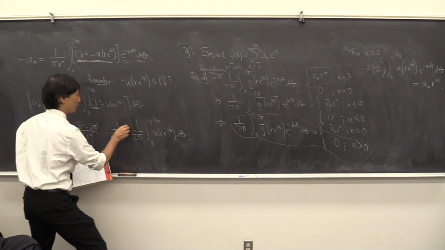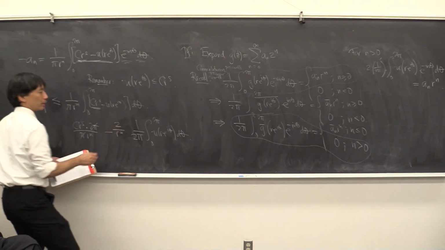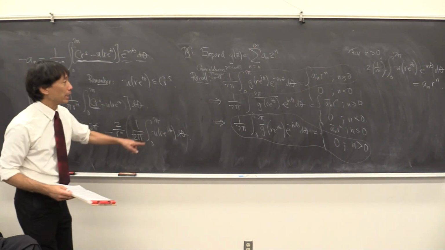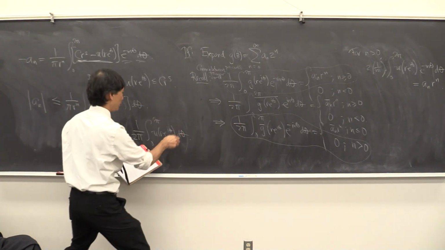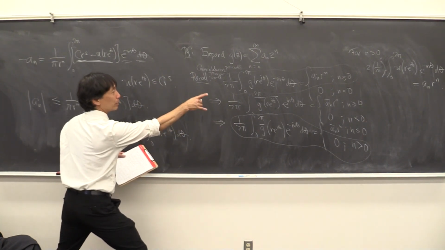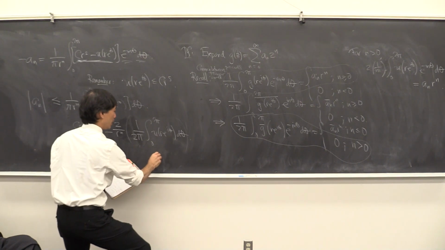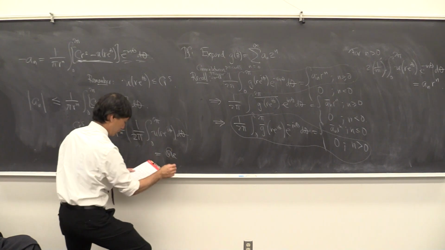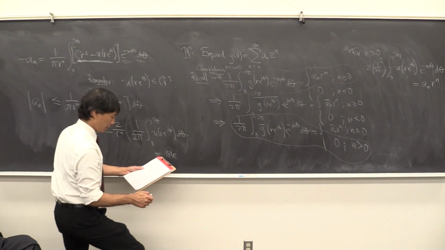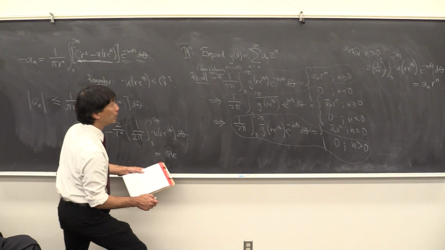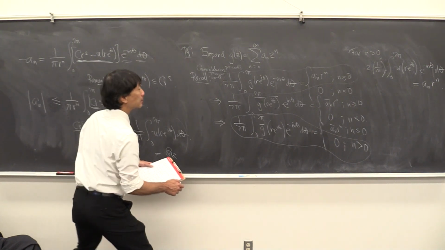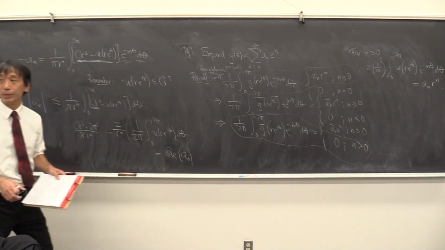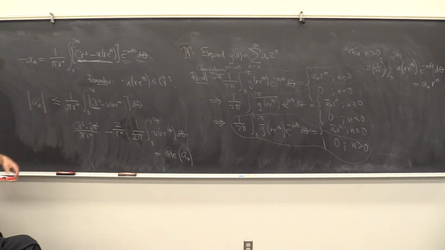If I put a 2 on the bottom and a 2 on the top over here, then you recognize this thing. If you do the similar thing, this thing is going to be the real part of the 0th coefficient from the power series expansion.